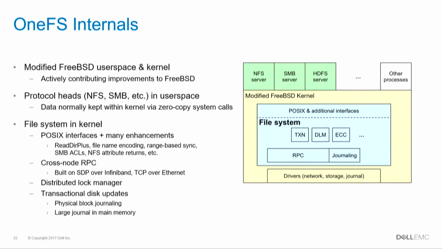Effectively, when we get an NFS request, for example, the user space only looks at enough to see what the request is and then passes the data from the network socket to the file system without ever moving it into user space. The file system is in the kernel.